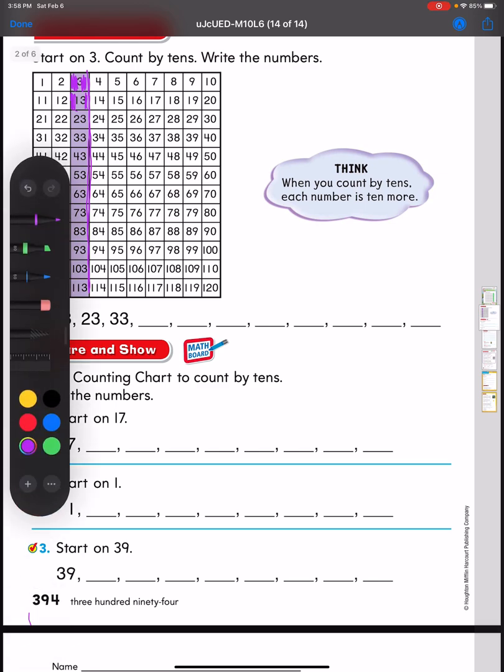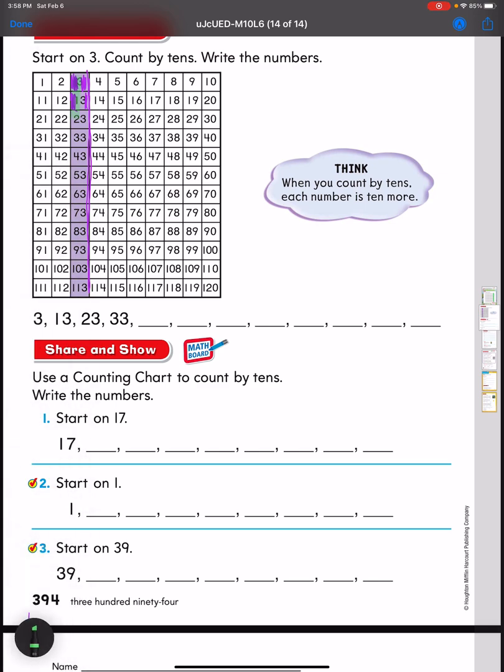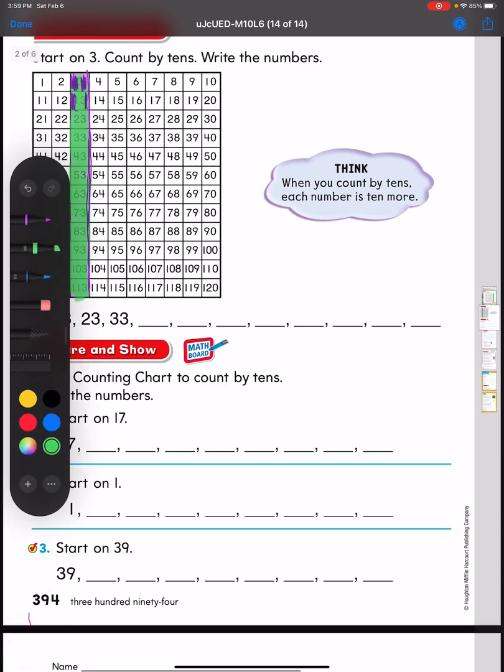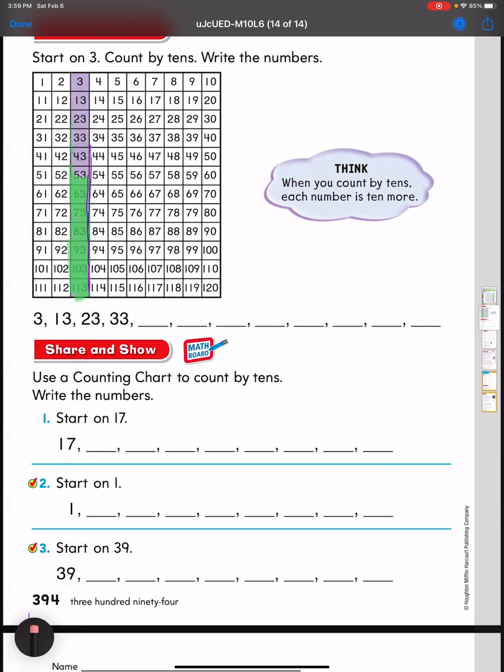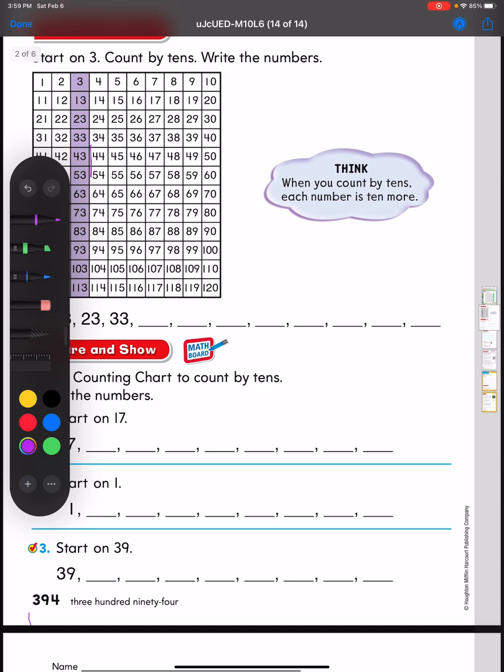It's a column going down, and every time it is increasing by 10. Okay? So think about that as we talk about this. I'm going to erase what I did. Let me bring it back. There we go.